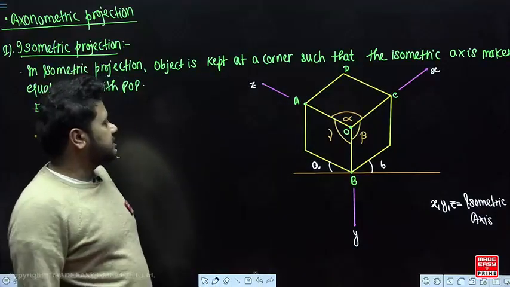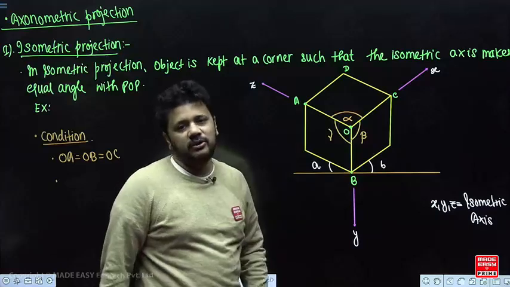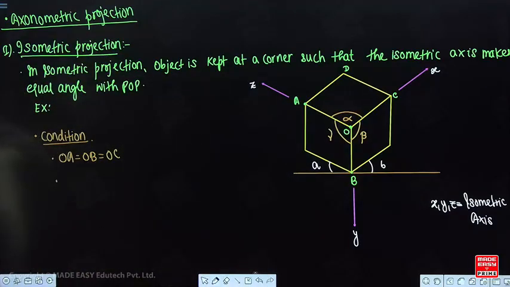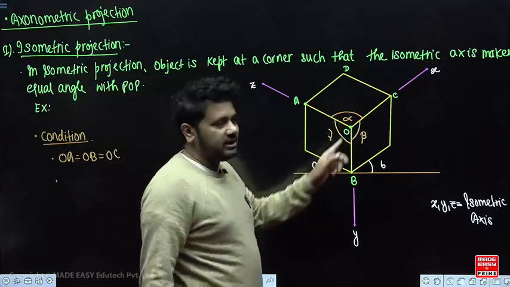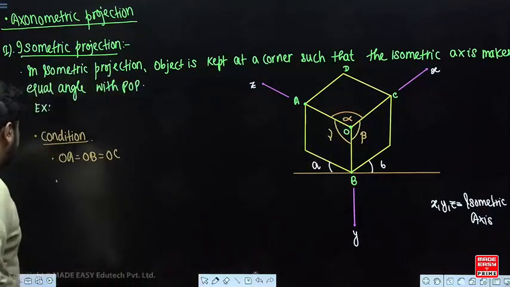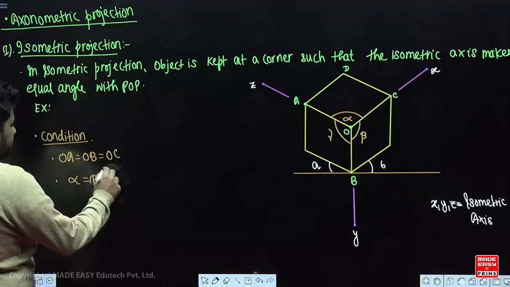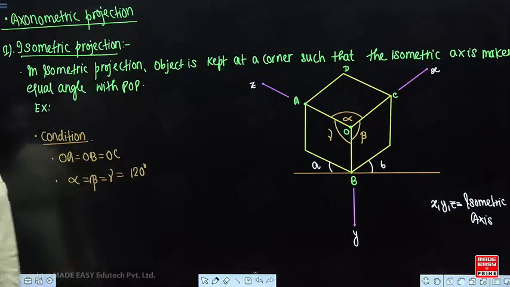If all the three sides are equal, the included angle will also be equal. You can see that in isometric all the three edges are equal, so the included angles will also be equal. So alpha will be equal to beta, equal to gamma, and equal to how much? 120 degrees, isn't it?